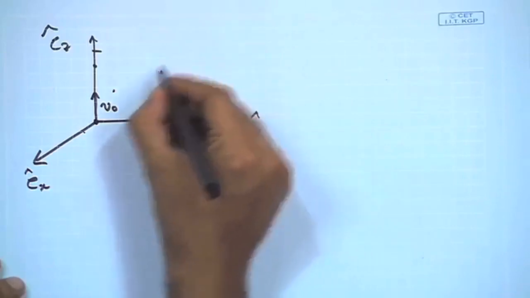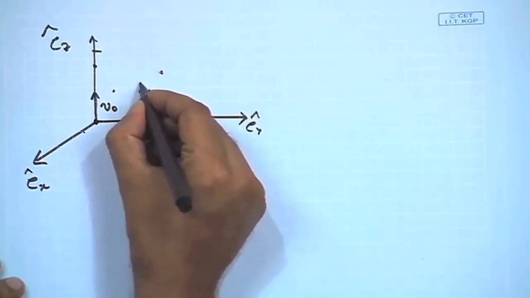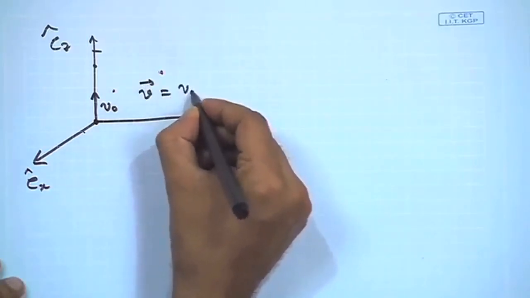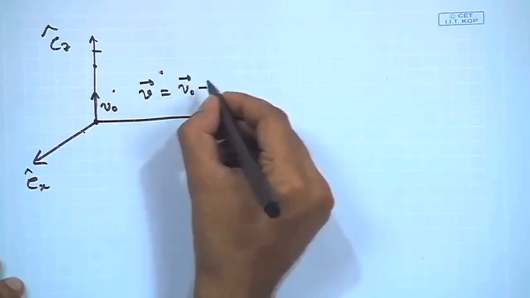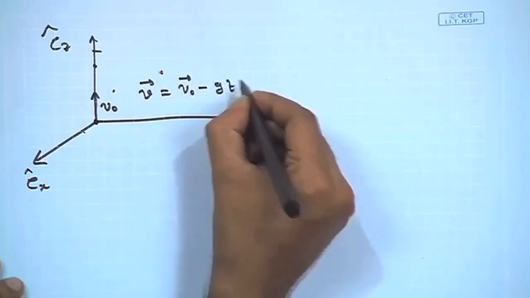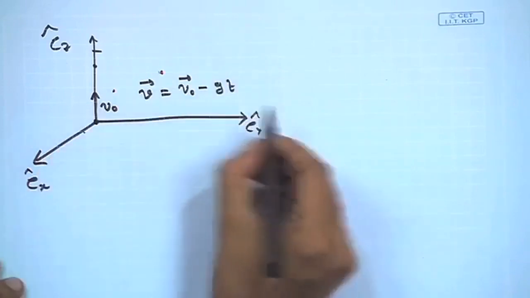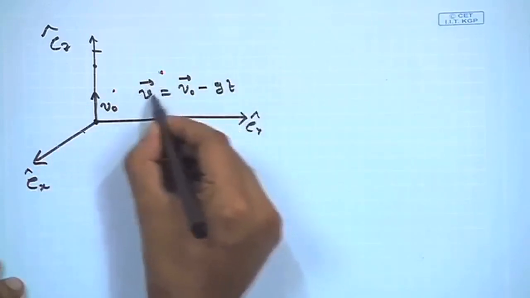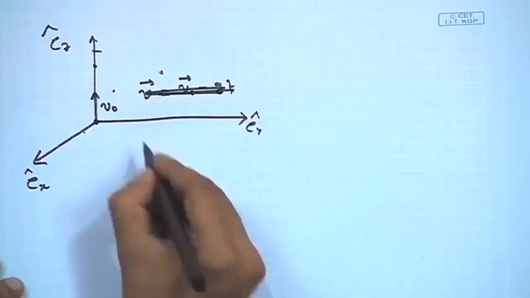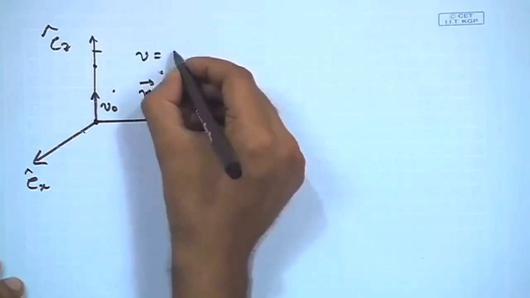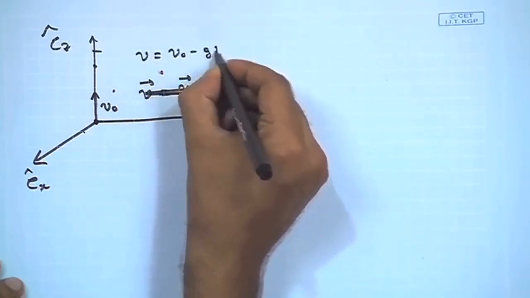Here please understand that v is given by v0 minus g t, right. I will not write a vector equation, that will be a bit confusing. The magnitude of v at any point is given by v0 minus g t, right.